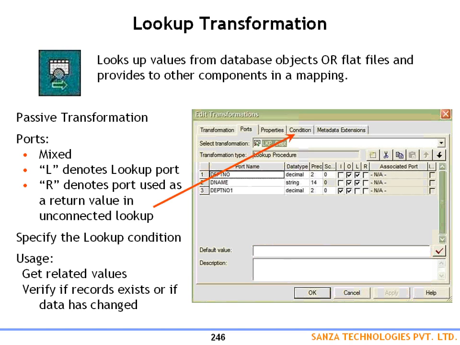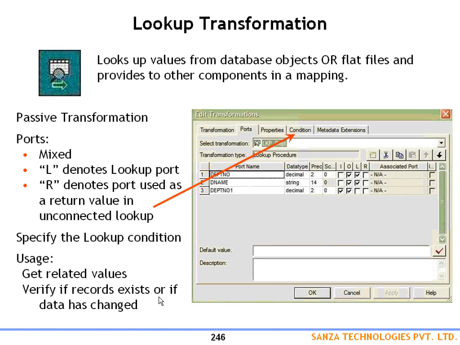So we will use a lookup transformation to find whether the record exists or not. Lookup transformation is used to get related values, verify if a record exists, or check if data has changed in the table on which you did the lookup. Based on your condition, you do a lookup on that target table and get a related value.